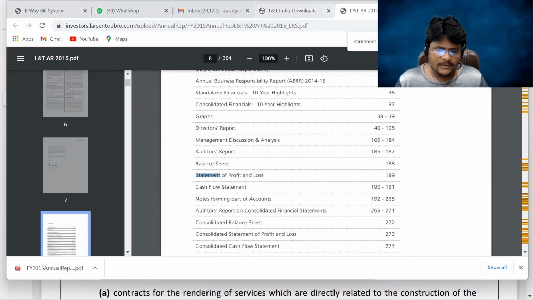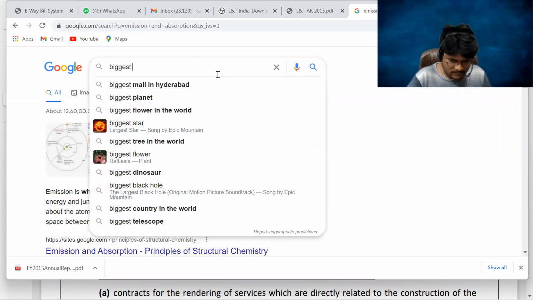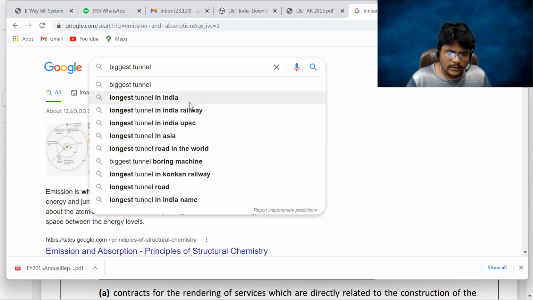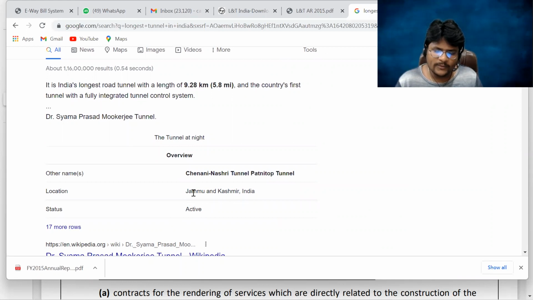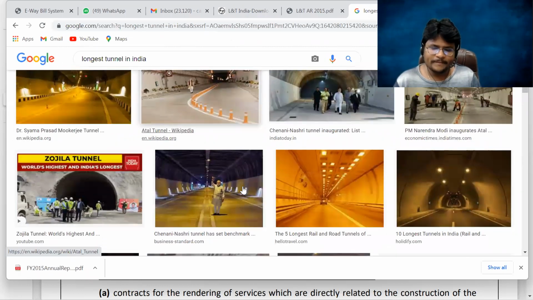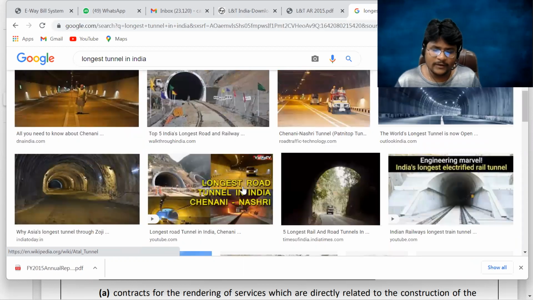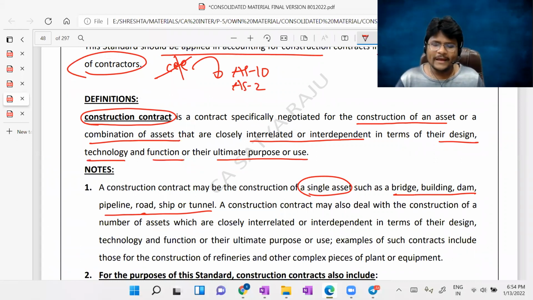The biggest tunnel in India: it is India's longest road tunnel, with a length of 9.28 kilometers, and the country's first tunnel with a fully integrated tunnel control system. Location: Jammu and Kashmir. So like this, tunnel construction also forms part of construction activities. All are happening in and around us, so we just have to connect the things which are there in our books.